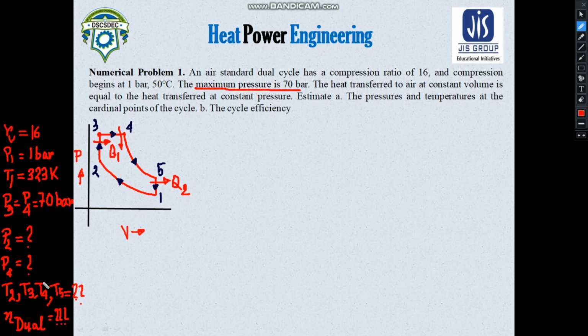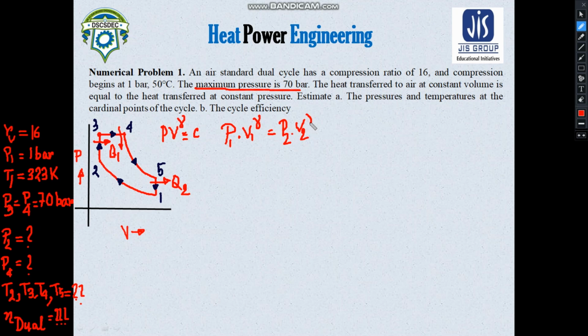To start with, if we follow process 1 to 2, it is simply a reversible adiabatic compression process. That means PV to the power gamma is equal to constant. So P1 V1 to the power gamma would be equal to P2 V2 to the power gamma.